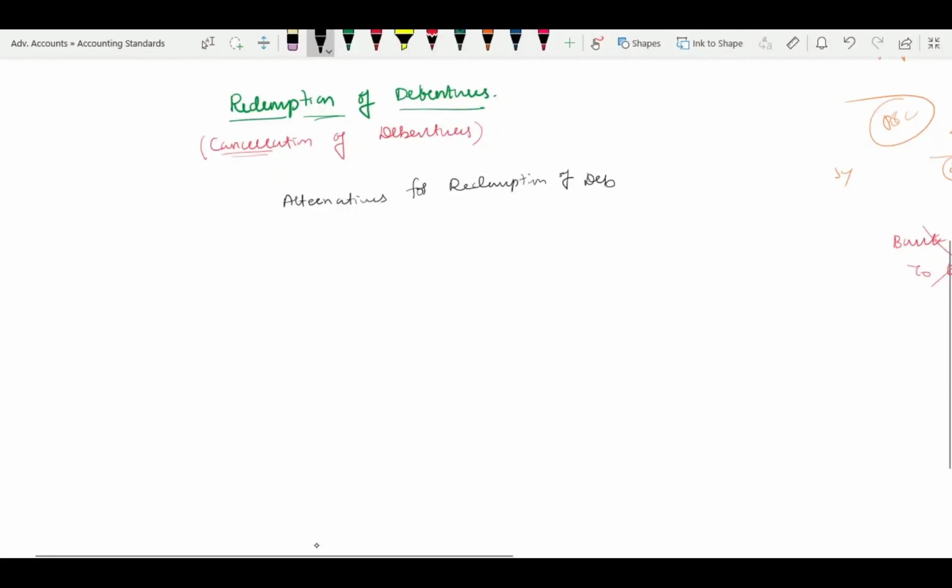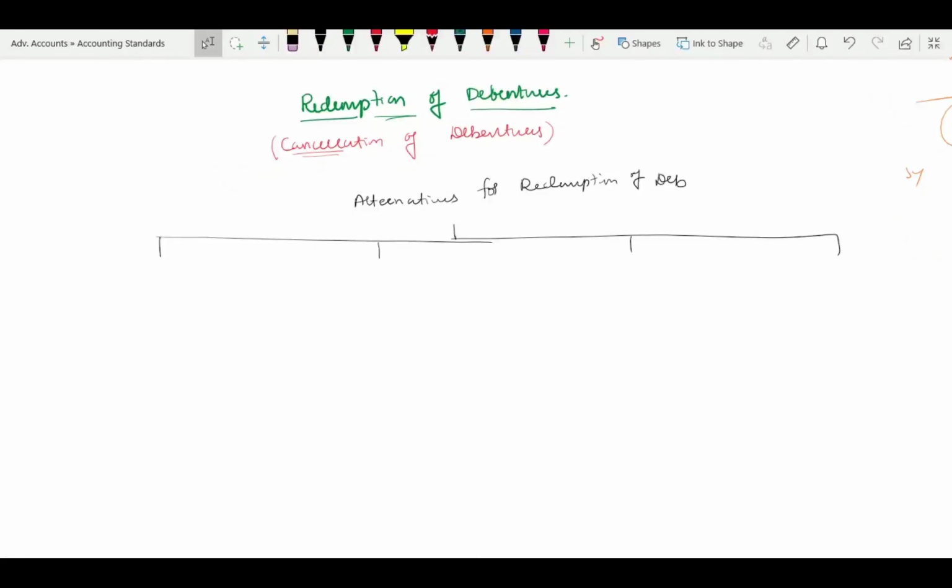We have four alternatives. Number one, lump sum payment.